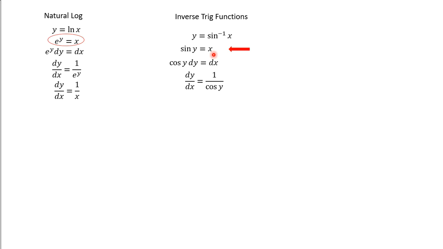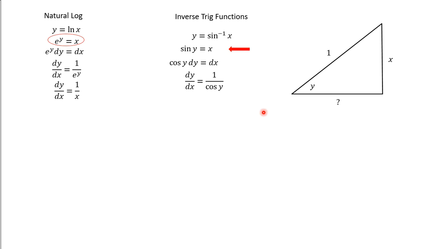Remember, trig is all about triangles, so let's get a triangle. Sine of y, that means that y is an angle, and equals x, that's opposite over hypotenuse. Our opposite is x, and the hypotenuse is 1, because this is x over 1. And we need cosine, which is going to be this side over the hypotenuse.